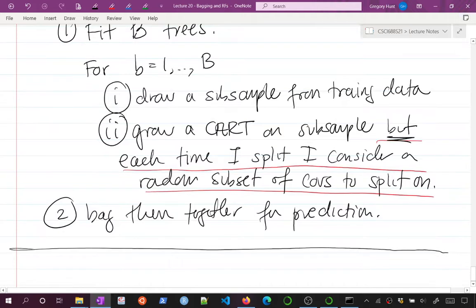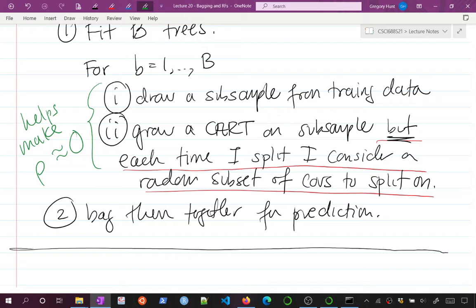And so the idea, why this is a good idea, is that these two steps, and particularly the second step here, helps make the correlation between my individual trees, my individual f-hat b's, that rho, go toward 0.